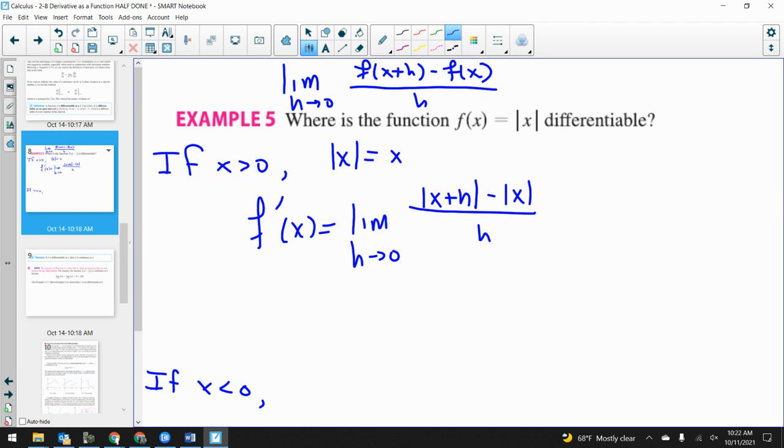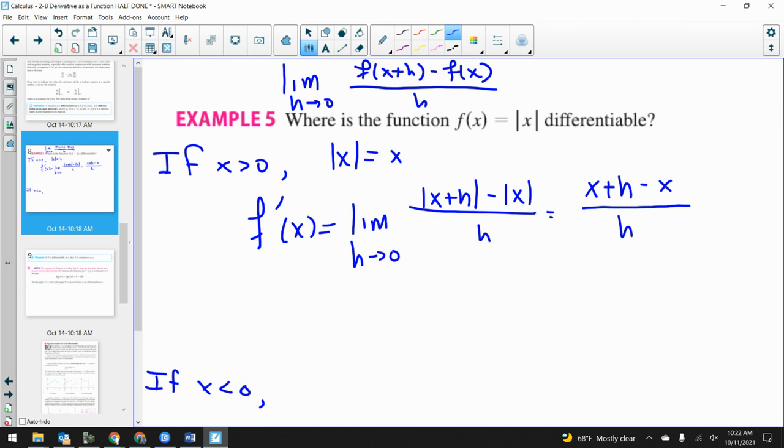Okay, if x is positive, then x plus h is even more positive, right? So it has no possibility of going into the negative direction. So for x plus h, I can take off the absolute value, minus x, because the absolute value of x is x, all over h.